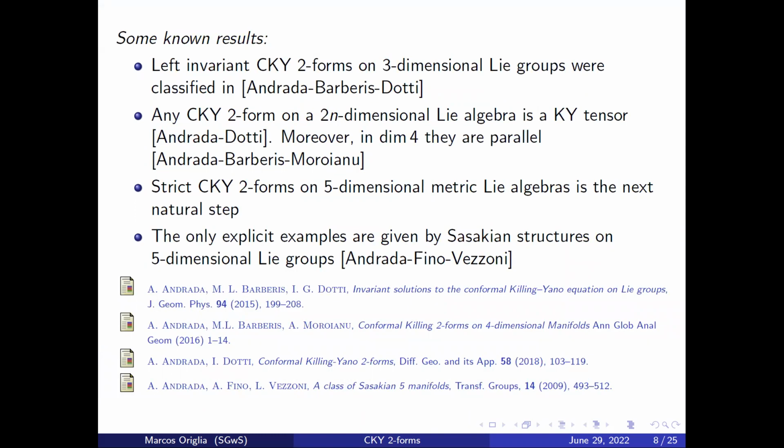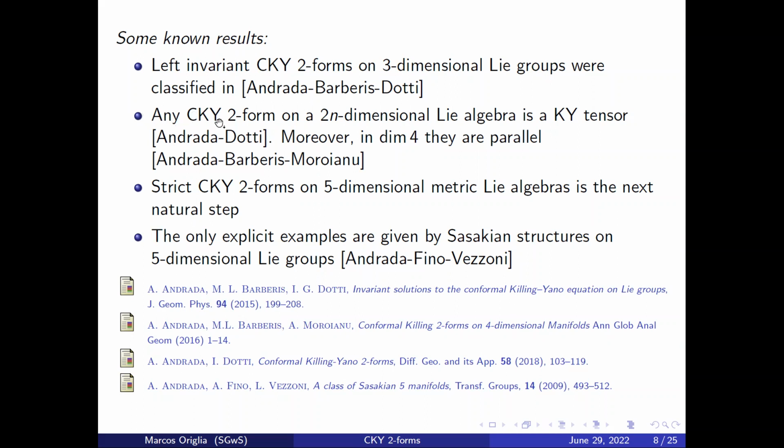Now some known results in the invariant case. So for Lie groups, what happens in dimension 3? Well, it's done. I'm talking about two forms here. Conformal Killing two forms on three-dimensional Lie groups were classified by Andrada, Barberis, and Dotti in one of these papers. Then there is also a result in this work of Andrada and Dotti.